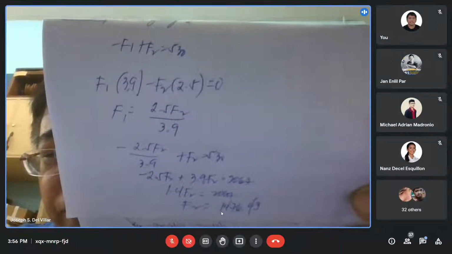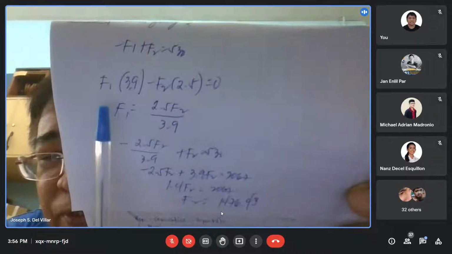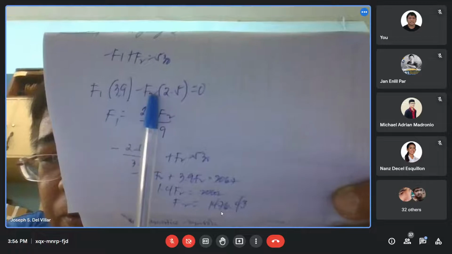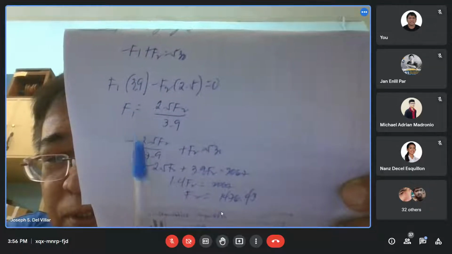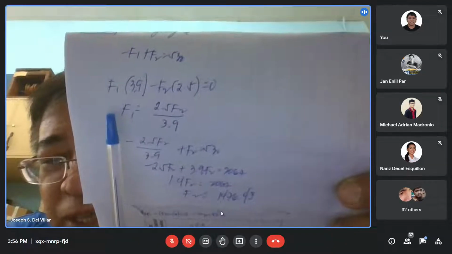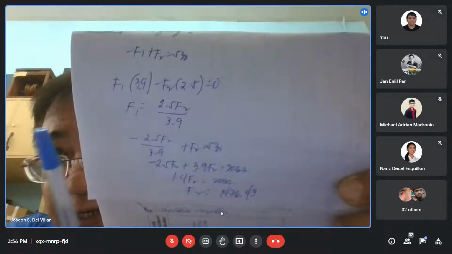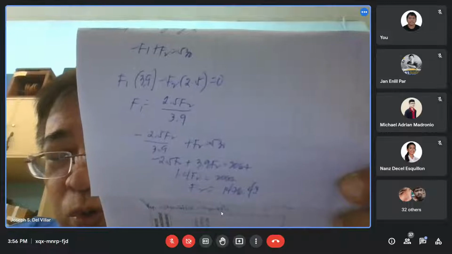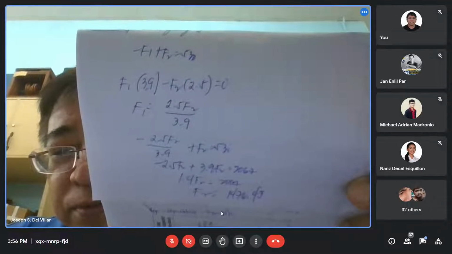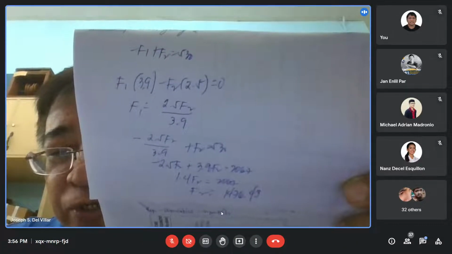Pangalawa, yung sa torque. Di ba? Ito, yung sa torque. Okay? Tapos, ayun sa torque, sinubstitute natin, sinolve natin yung F1 in terms of F2, galing sa torque equation.